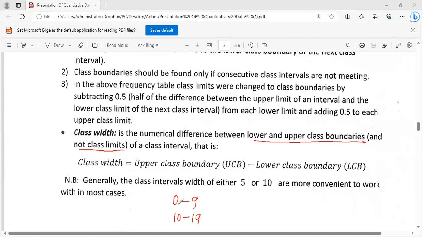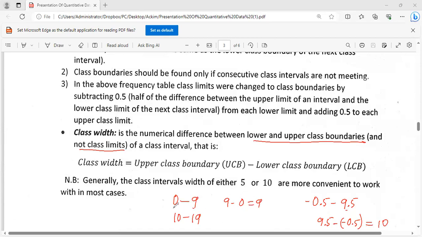If you say 9 minus 0, you get 9, but that's not our class interval. But when we convert, negative 0.5 to 9.5, if you subtract you get the correct class interval, which will be 9.5 minus negative 0.5. Negative even gives you positive, then it will be 10. And you can see the class interval is 10.